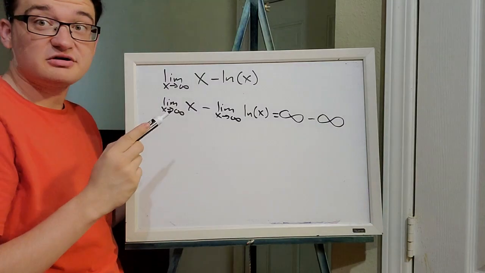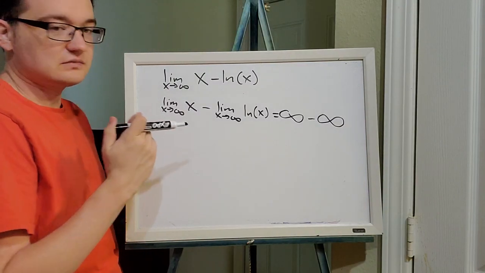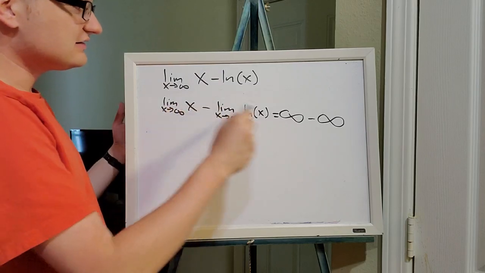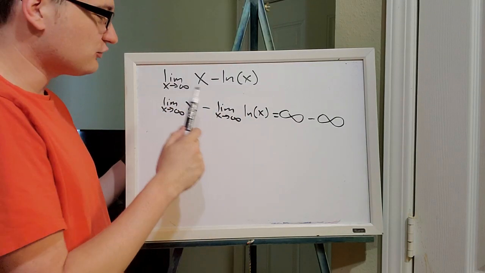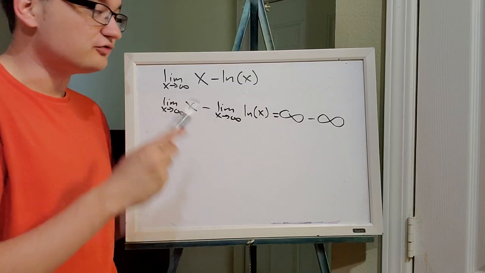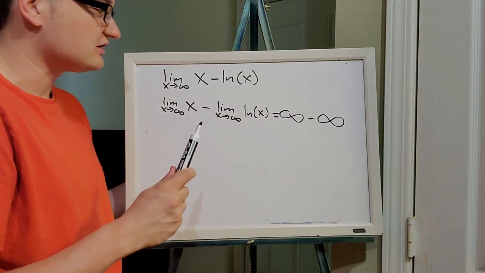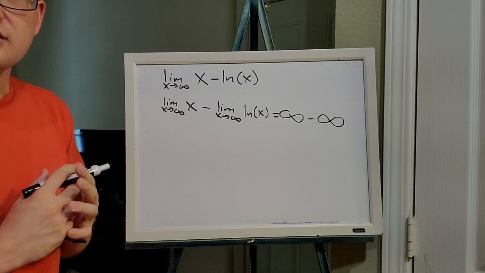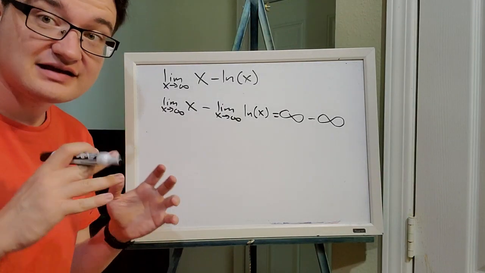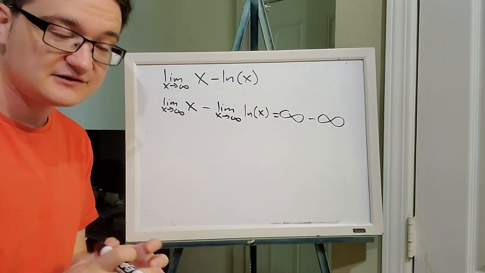So this is an indeterminate form for subtractions. What are we going to do with it? Well, we can't tell where the limit's going because we don't know which one's getting bigger faster. We don't know which one wins the competition. So we need to find a way to rewrite this as fractions.